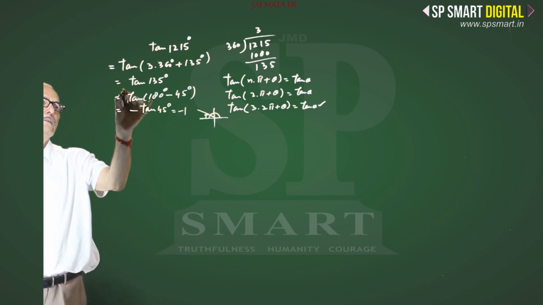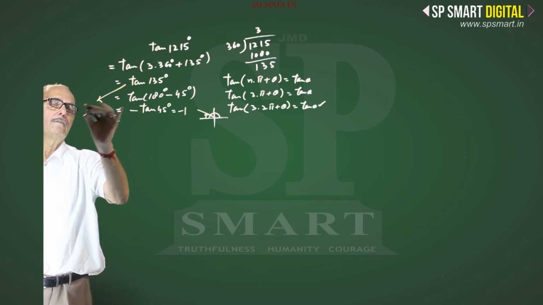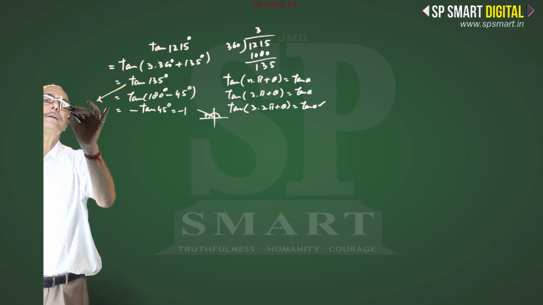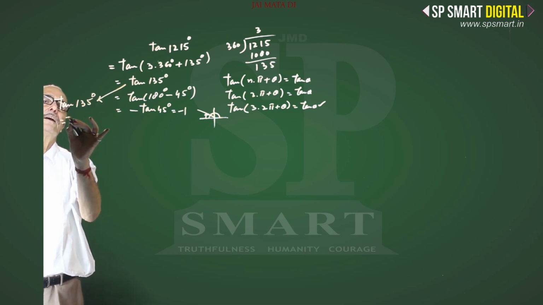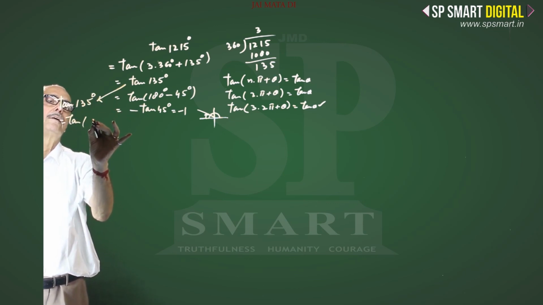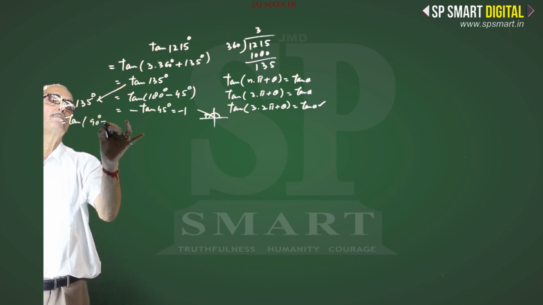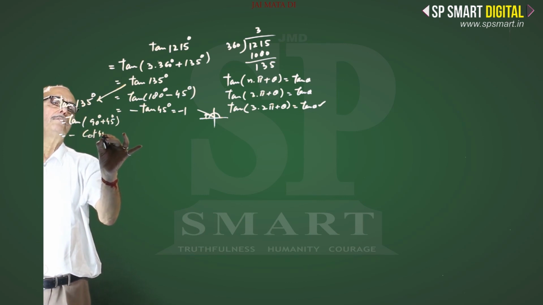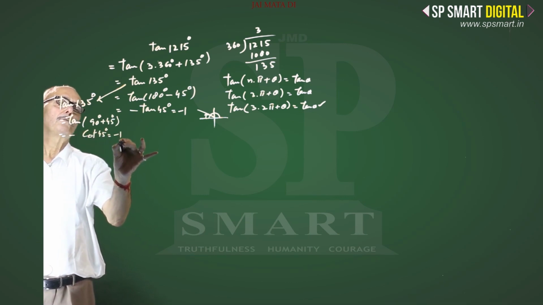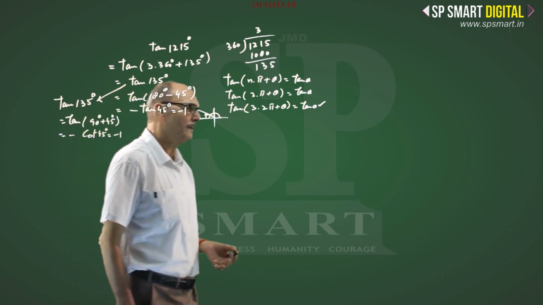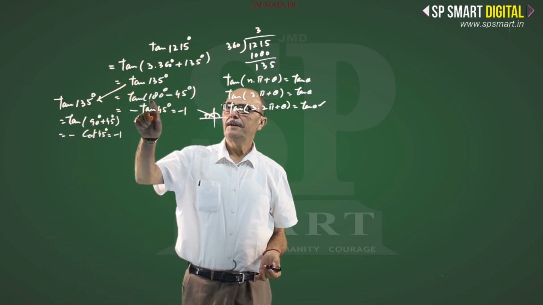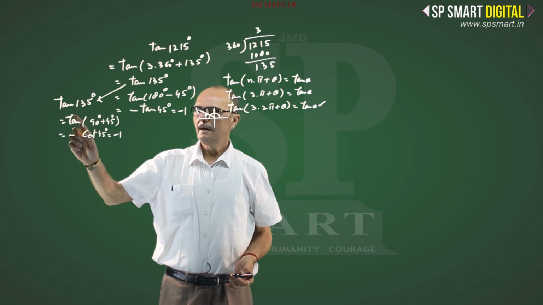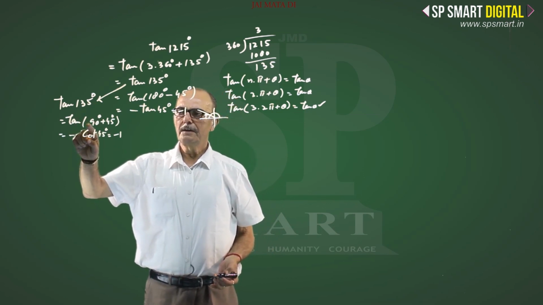However, the tan of 135 degree can be obtained as tan of 90 plus 45. So, this will be equal to minus cot of 45. Again this is minus 1. The choice is yours, whether you make use of 180 minus theta or odd multiple of 90 plus 45.